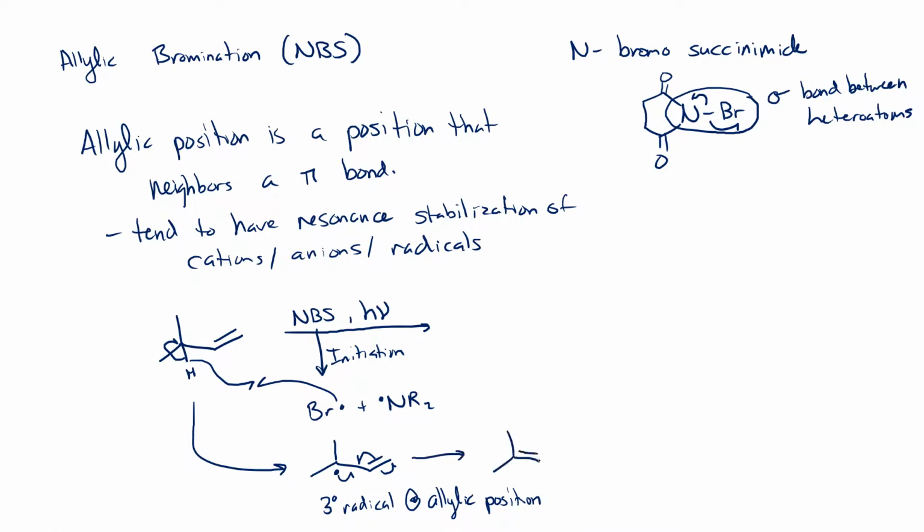And then the other electron that was in that pi bond goes to this end, this primary carbon on the end, and we end up with a single electron in this primary position. So we have a tertiary radical at an allylic position that is in resonance with a primary radical at an allylic position.